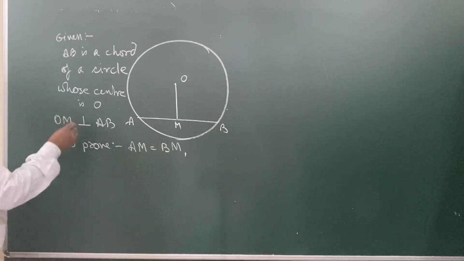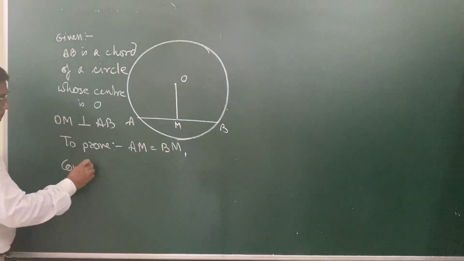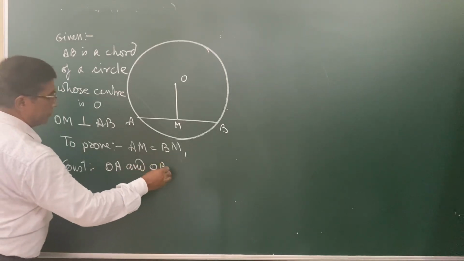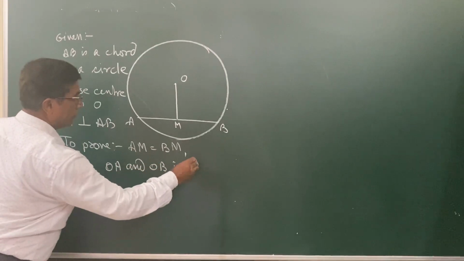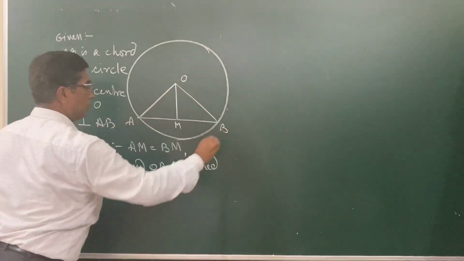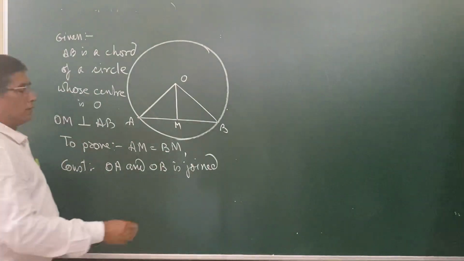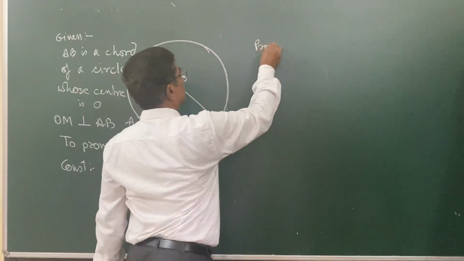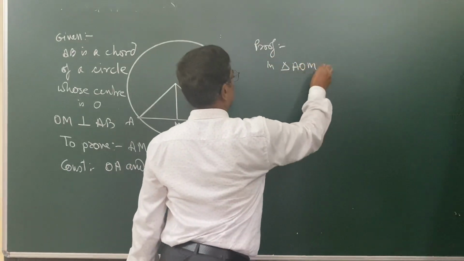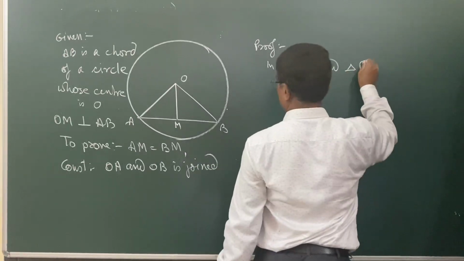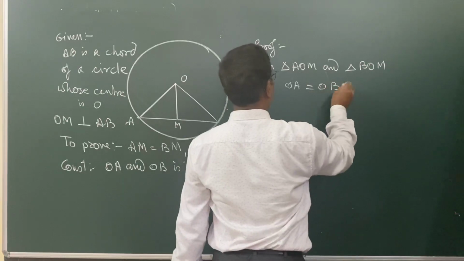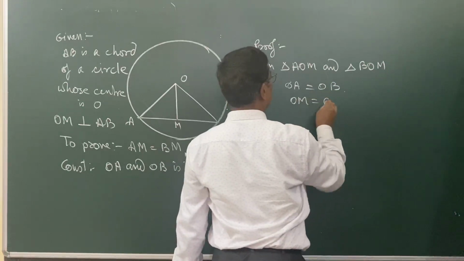For the proof, the construction is: OA and OB are joined. Now, your proof. In triangle AOM and triangle BOM, OA equal OB, they are radii. OM equal OM, common.